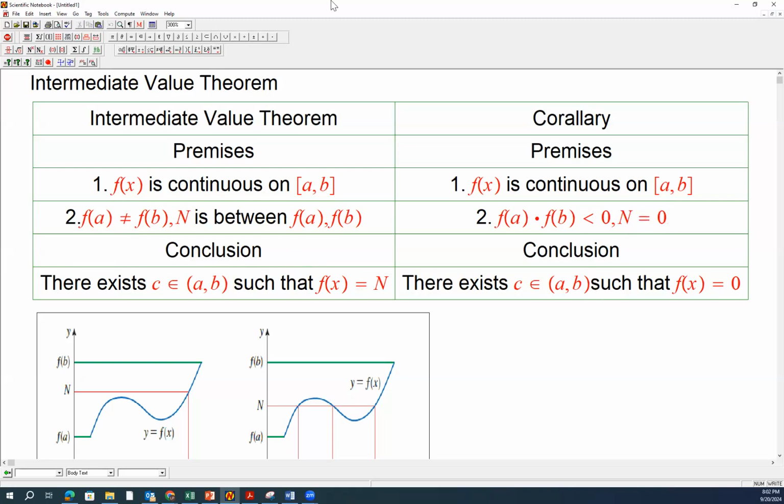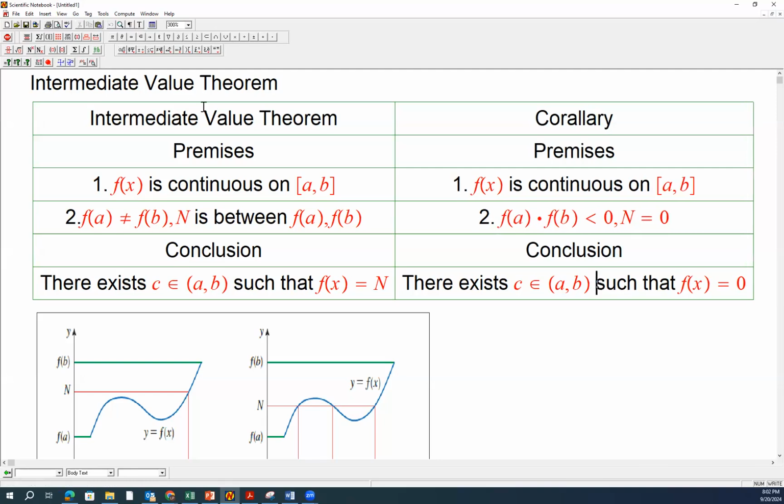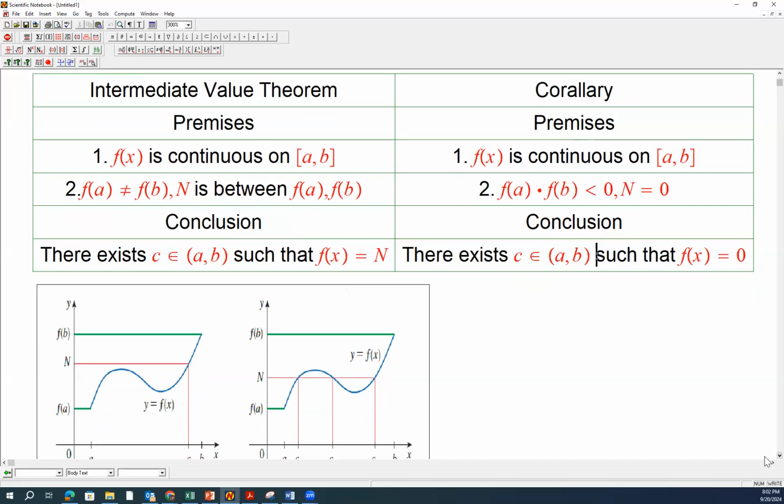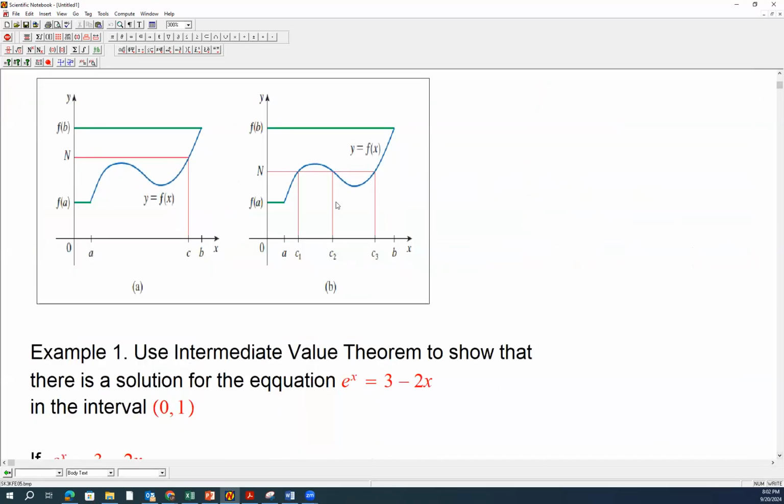Okay, so I'm going to use the following examples. I prepared some examples to show you. In the graph, as you have seen, f of a and f of b are different in value, and capital N is one of the numbers between f of a and f of b.